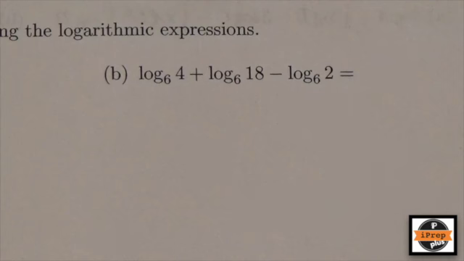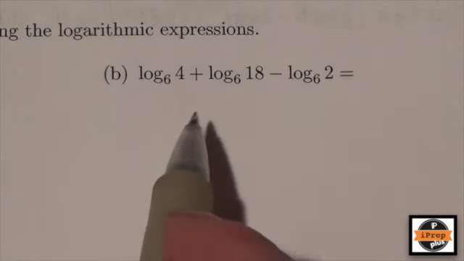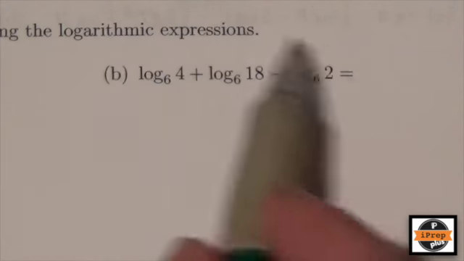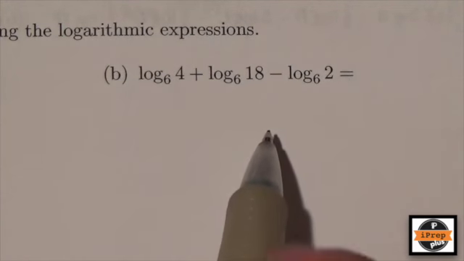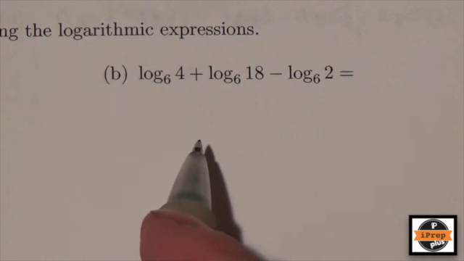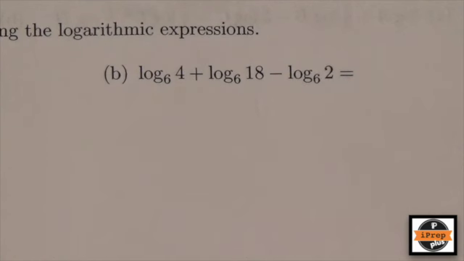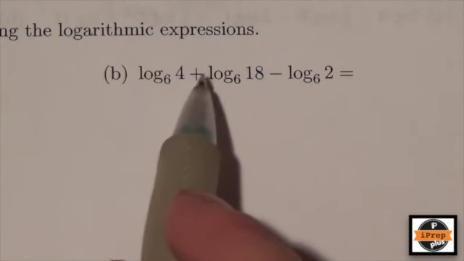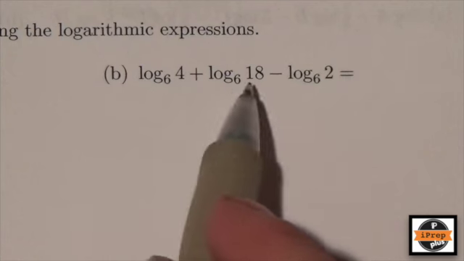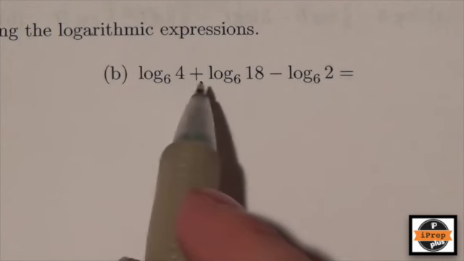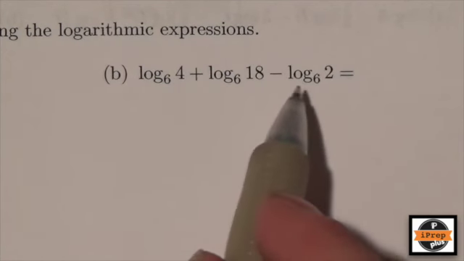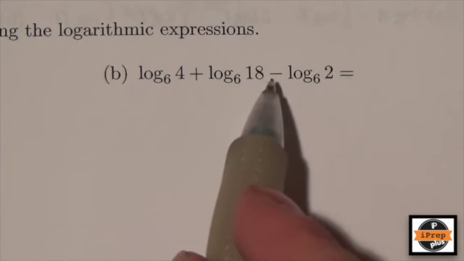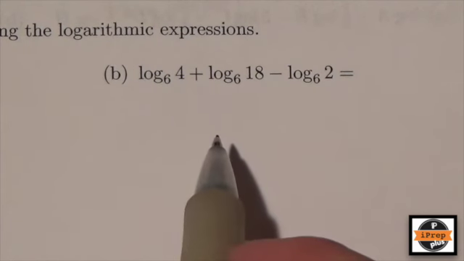Now, I don't always require 2 steps, but typically 2 steps to get to 1 log. This question is only going to require 1 step. It relies heavily on you being very comfortable with order of operations. If the logarithm is positive, then when you put these together, the argument will end up in the numerator. If the logarithm is negative, like I'm subtracting it, then the argument will end up in the denominator.